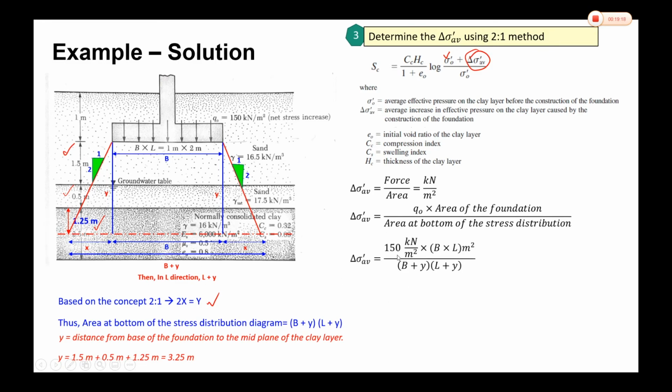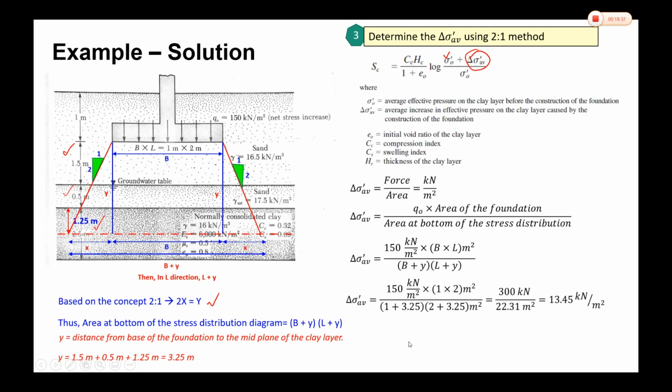So we have 150 kilonewton per meter square times B times L, the size of the foundation, over (B plus Y) times (L plus Y).